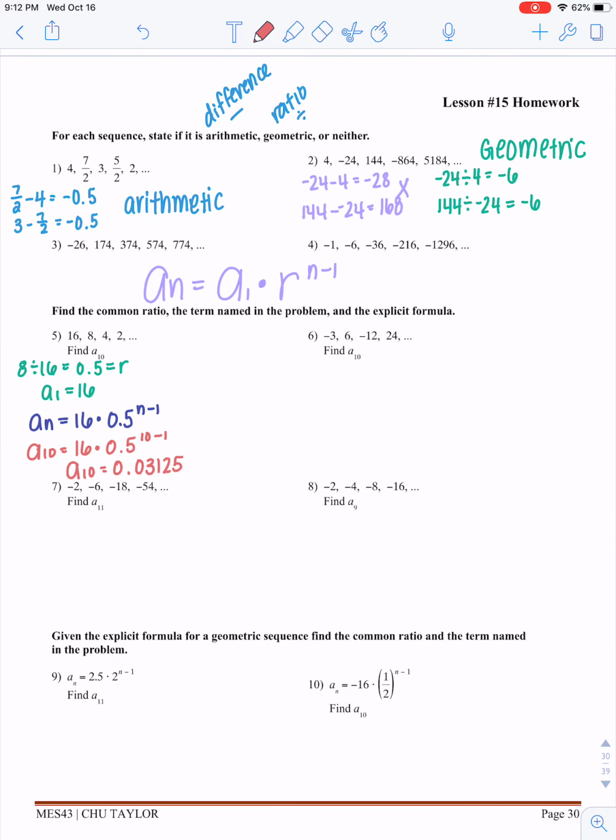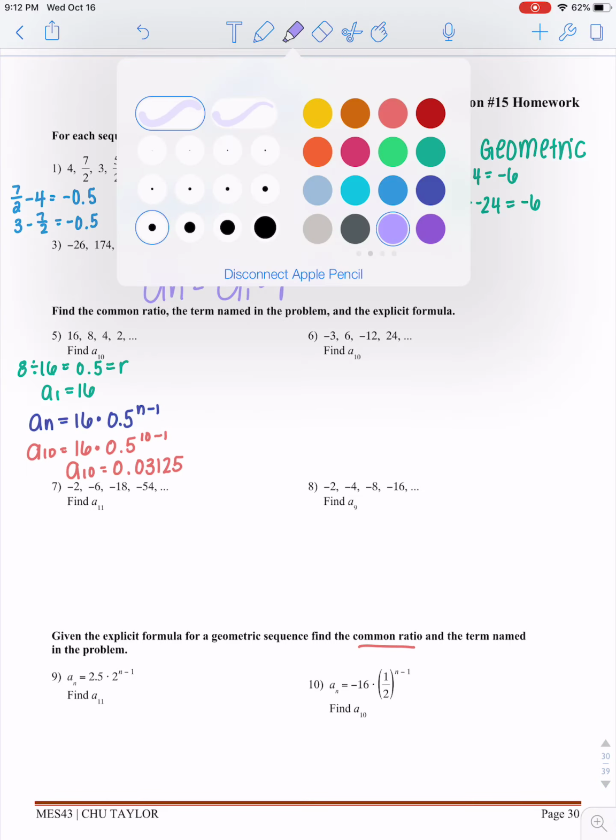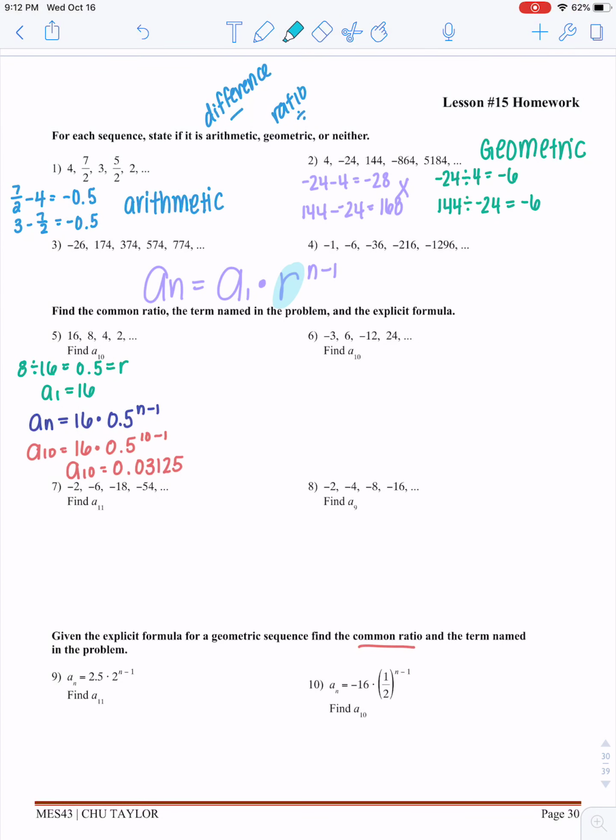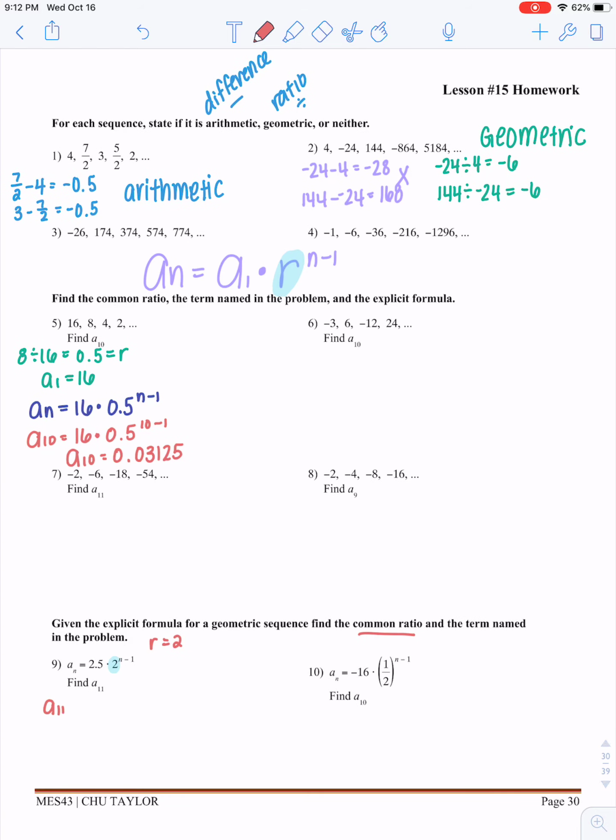Number 9, given the explicit formula for a geometric sequence, find the common ratio and the term named in the problem. Well, if you look at your formula, your common ratio is always going to be the one with the exponent. So over here in problem number 9, the one with the exponent is the 2. So our common ratio is going to be 2. And now to find the 11th term, all we do is plug 11 into wherever n is.